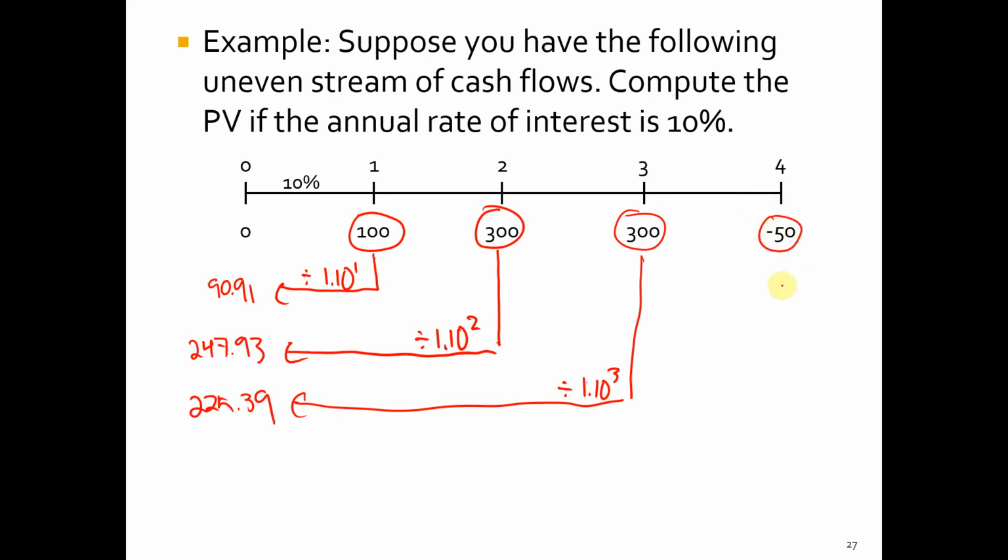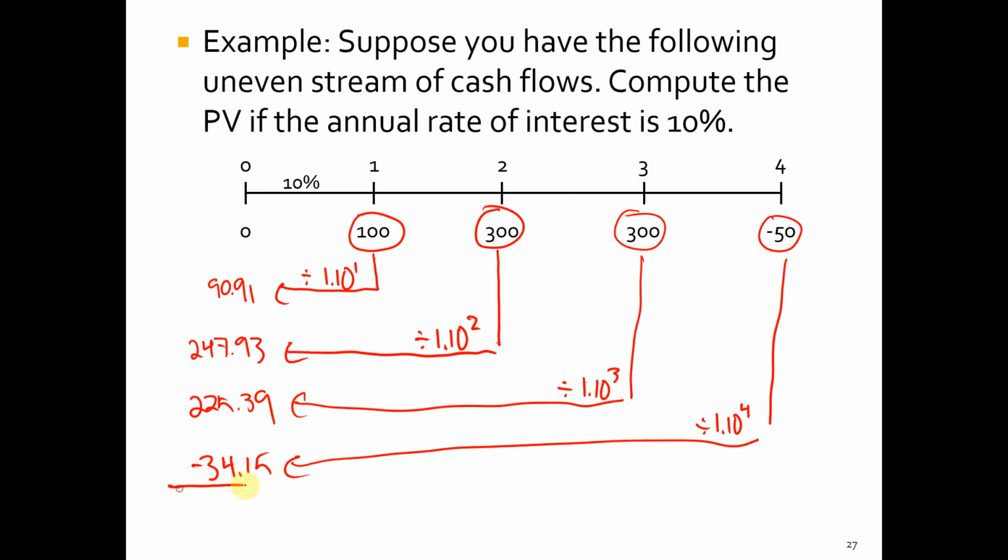Then this last cash flow is minus 50. And we have to divide that by 1.10 to the fourth because we're moving from year 4 back to year 0, so we're moving 4 time periods back on our timeline, and you would get negative $34.50.